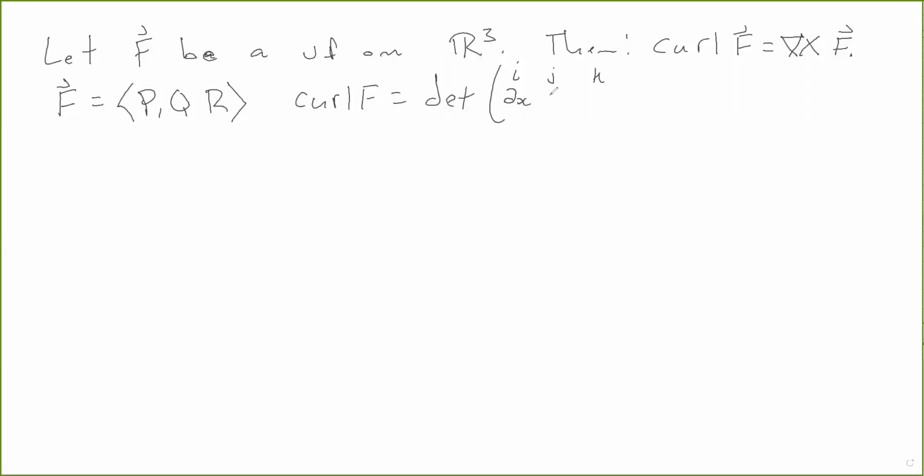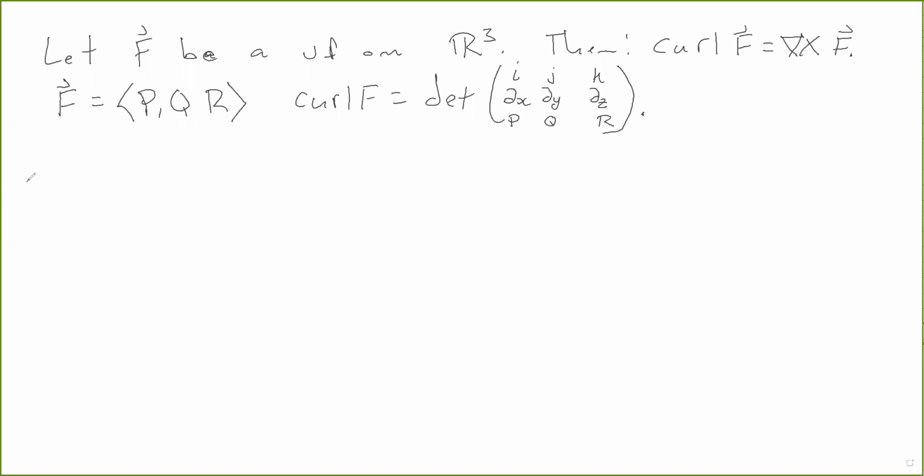So that means the partial derivative with respect to x, the partial derivative with respect to y, partial derivative with respect to z, and now we'll put the components P, Q, R. Okay, so what you do then is the first component of this vector is going to be the partial derivative of R with respect to y minus the partial derivative of Q with respect to z.